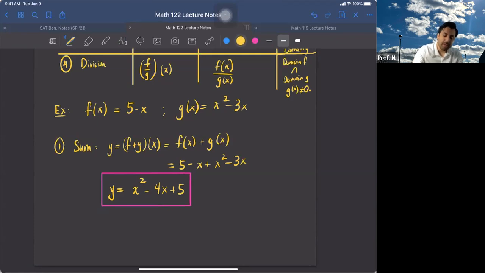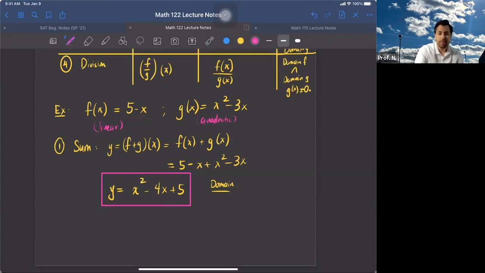And then what would be the domain of the sum? Well, let's look at what we have originally. What kind of function is f of x? This is a linear function. And g of x is a quadratic.